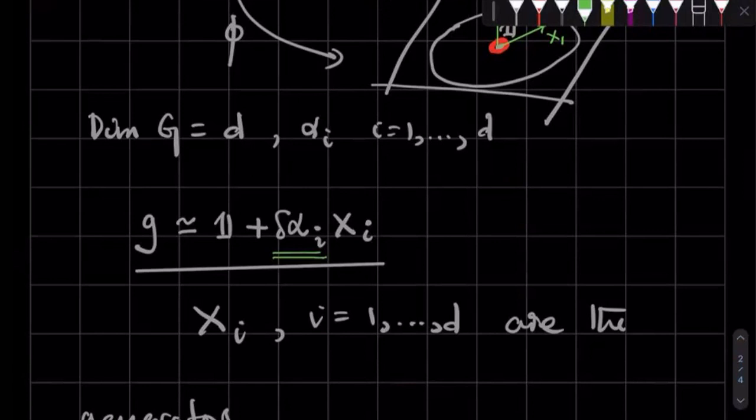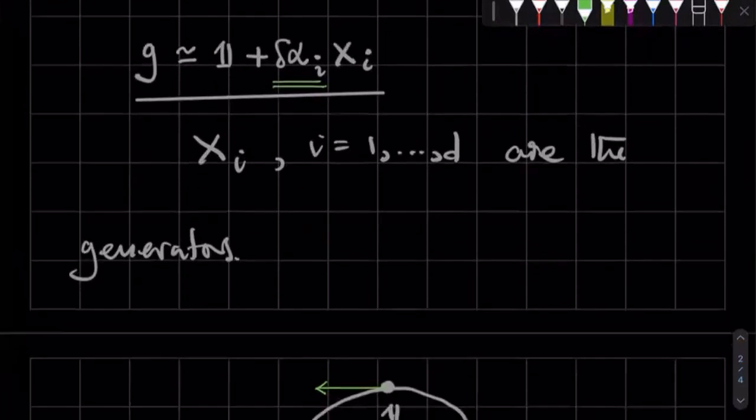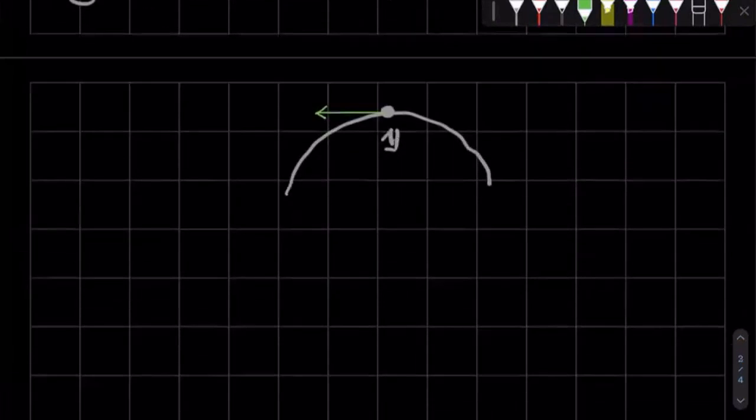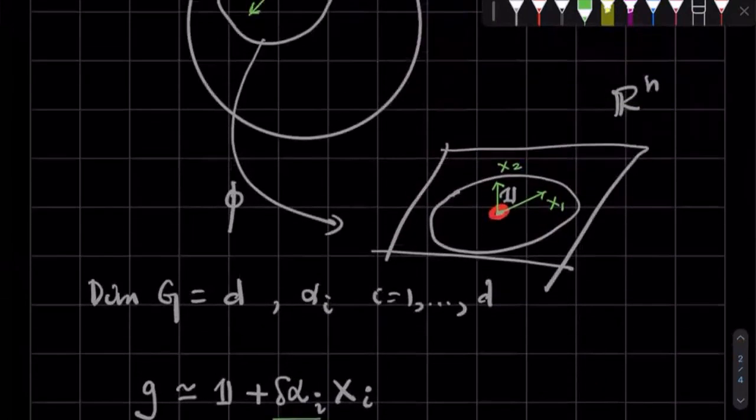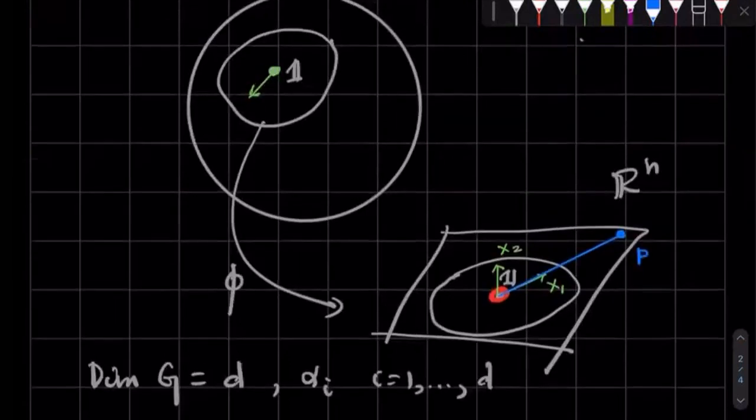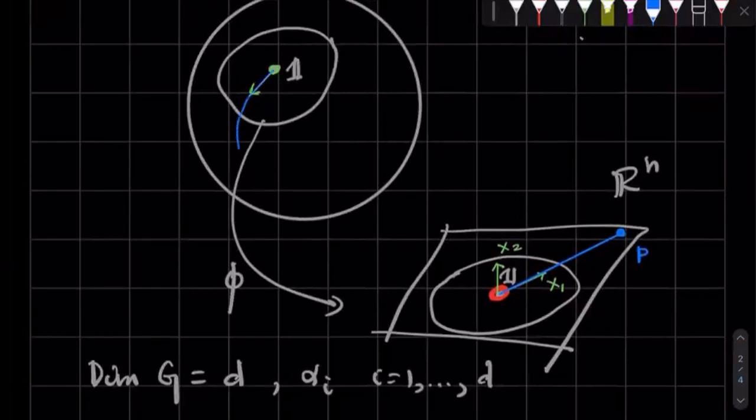So what if we keep moving in that direction by that small amount, and we keep on moving many times, so that we are far away from the identity? We are basically moving in that direction, and we say we reach this point, let's call that point P. On this manifold, P would be somewhere over here.